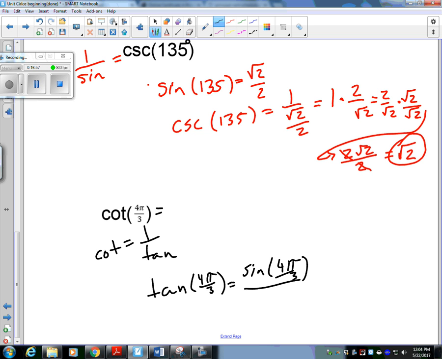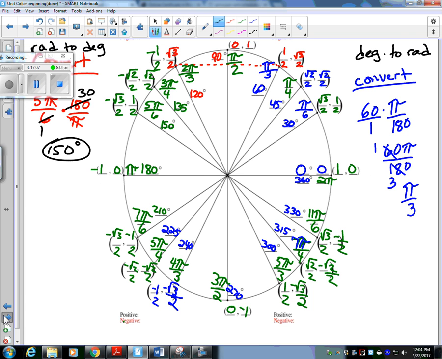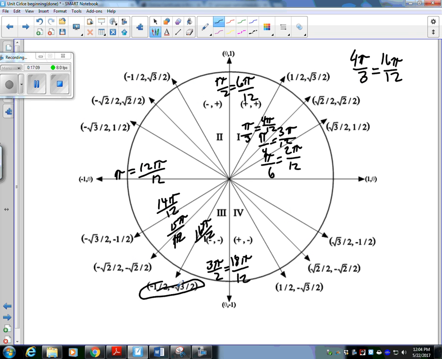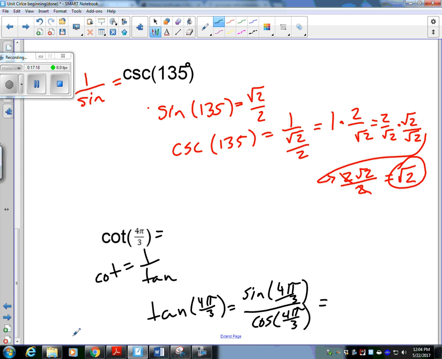The sine of 4 pi over 3 is negative square root of 3 over 2, and the cosine is negative 1/2. So we have negative square root of 3 over 2 and negative 1/2. So cotangent is just the reciprocal of that.